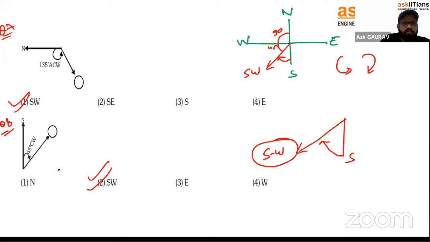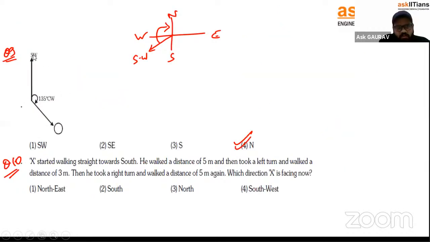Basically, these questions are same. If you are at north, you are moving 135, then you will reach southwest. If you are at southwest and you are moving clockwise 135, you will reach north. Yes, the answer is north.